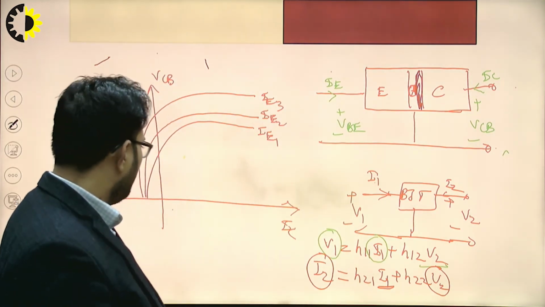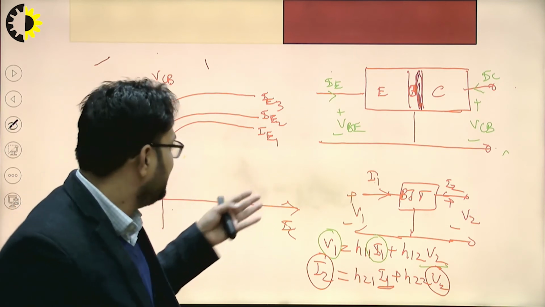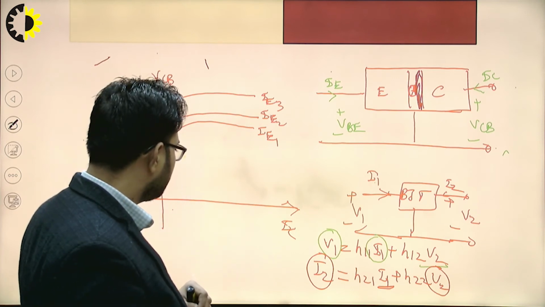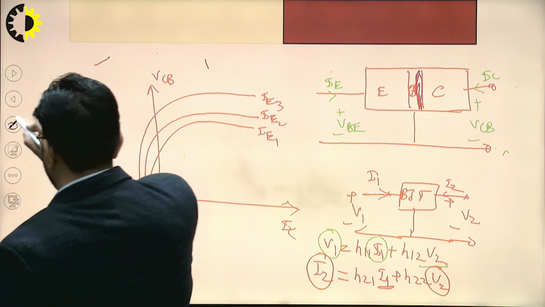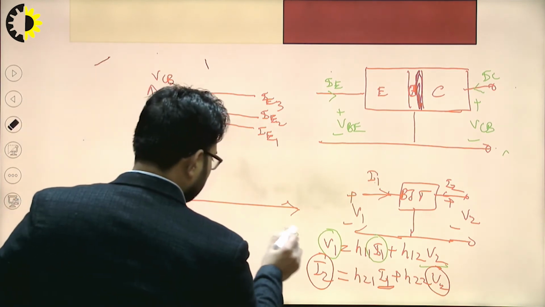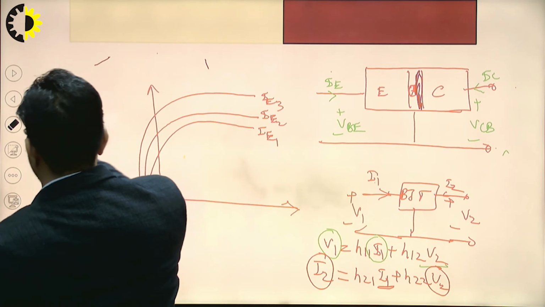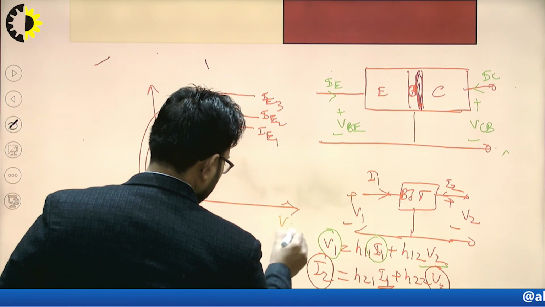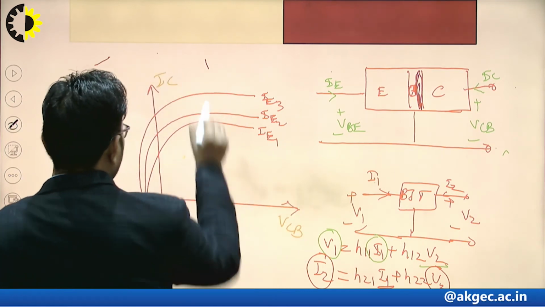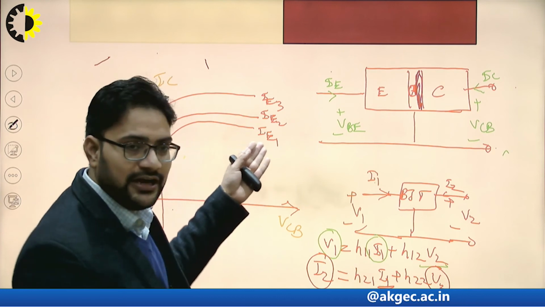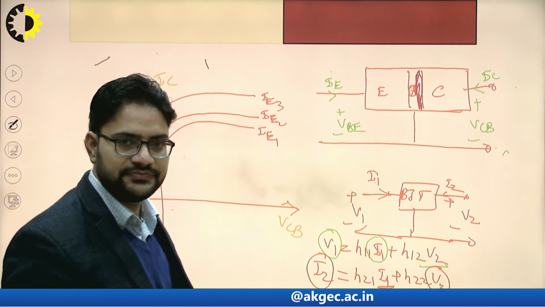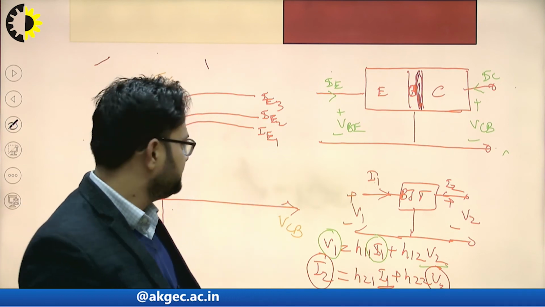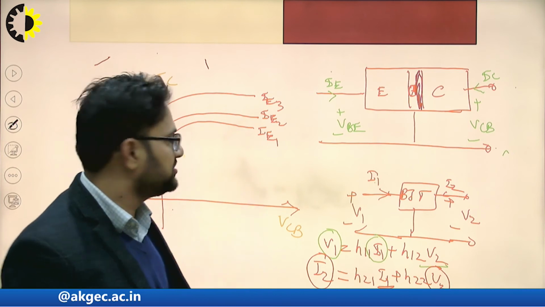For different values of IE, we have different values of IC. This is your VCB and this one is your IC. This is an I-V graph.